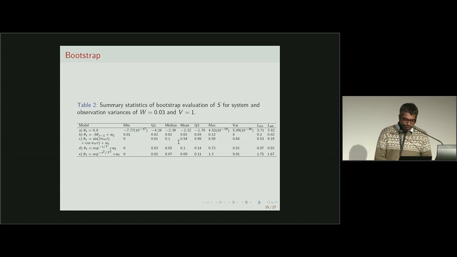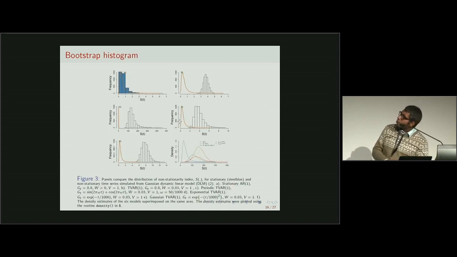And on to the bootstrap, once again we see similar things. The non-stationarity measure is very close to 0 for a stationary time series, or a second order stationary time series, and it keeps increasing as the time variation in the posterior moment keeps increasing. Finally, the same bootstrap in histogram form, and we have done 5,000 replicates.